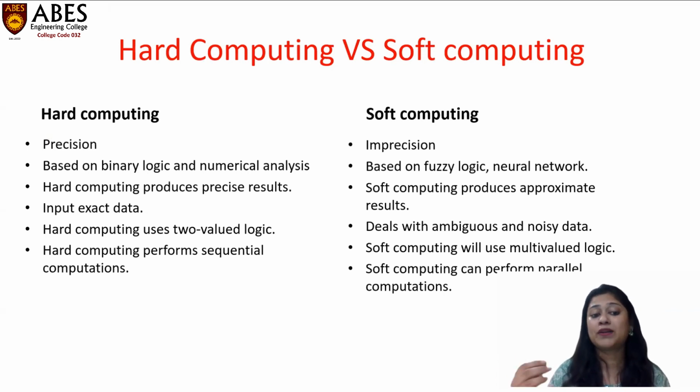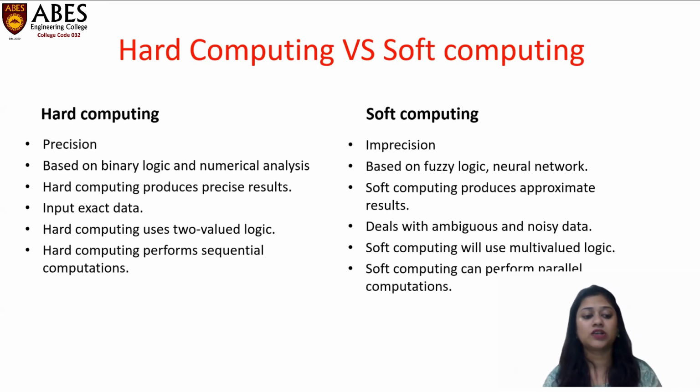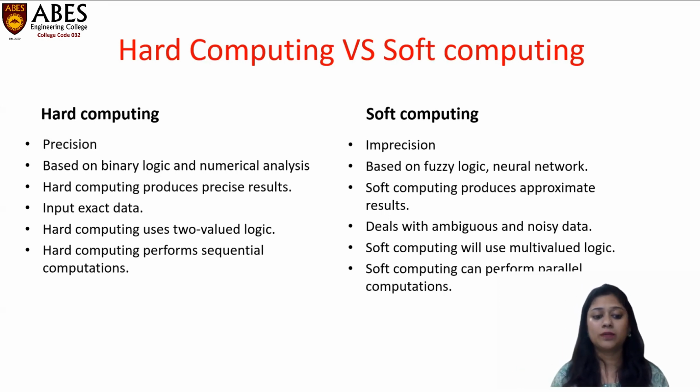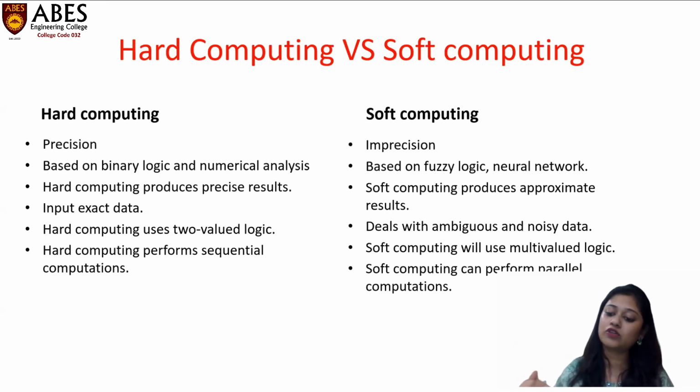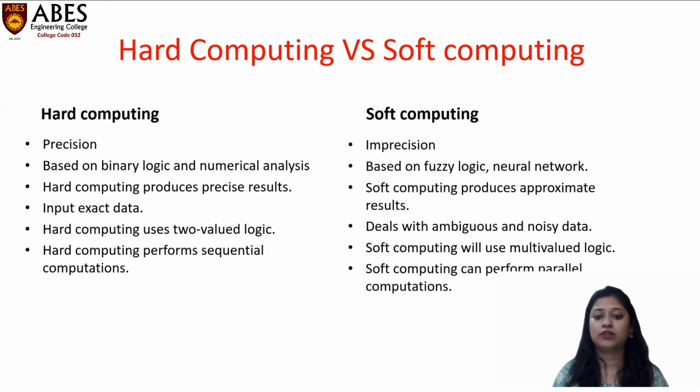Hard computing works on precise results. Input should be exact data, and given exact data I get exactly the precise result I wanted. Hard computing uses two-valued logic and has sequential computation. I cannot jump from the first step to the last and then come back. There is a sequence of steps, basically some sort of algorithm, that has to be followed.